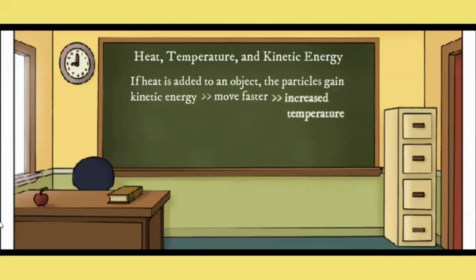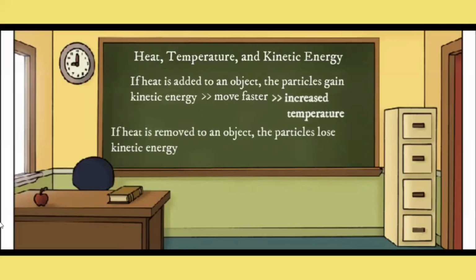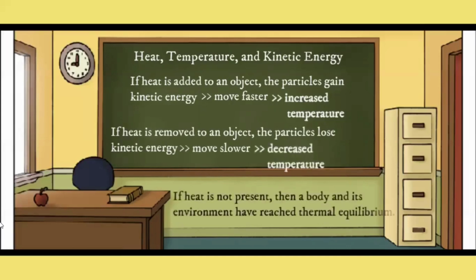On the other hand, if heat is removed from an object, its particles lose kinetic energy and move slower, which causes the temperature to decrease. And when heat is no longer transferred, the body and its environment have reached thermal equilibrium.